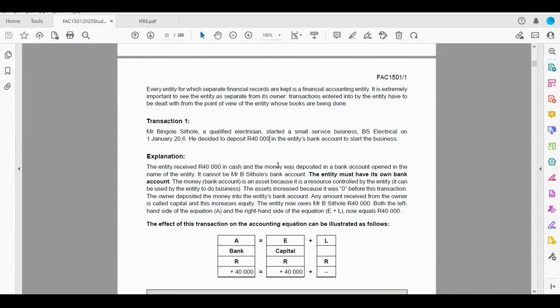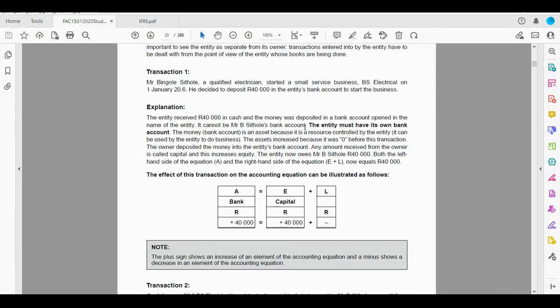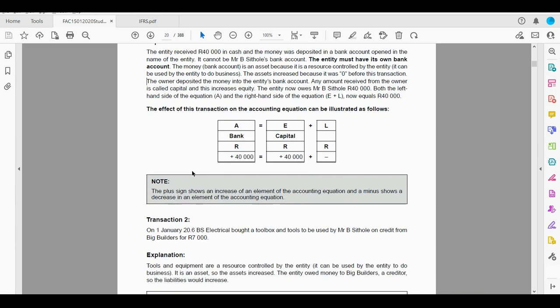All right. You can read through the explanation here, but I've really covered a lot trying to explain to you guys what assets are and so on. You see, they've even highlighted it. It must have its own bank account and so on. Okay, let's look at the solution here. You see, assets went up, the bank, equity went up. You are done.